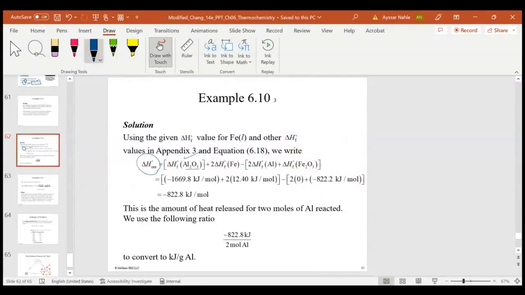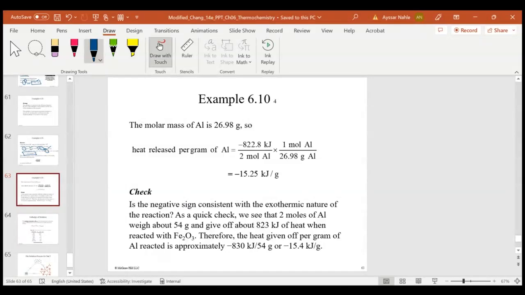Once everything is given, aluminum solid is equal to 0 as delta H not. Now, when you do the calculation, you will get the amount of heat that is being released. This huge amount of heat is able to melt the steel and get them welded together. Okay? Right. Now, we don't need this one.